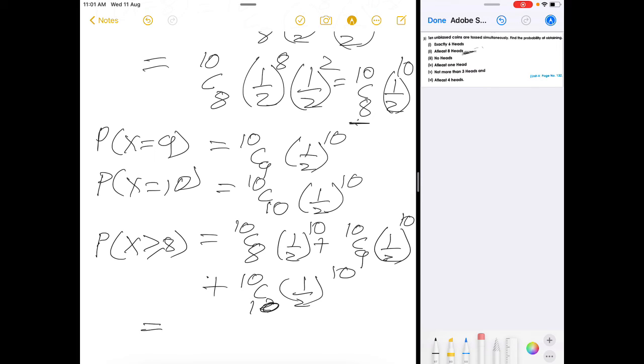Now when you simplify, you can take half to the power 10 common out of all these, and you have 10c8 plus 10c9 plus 10c10.